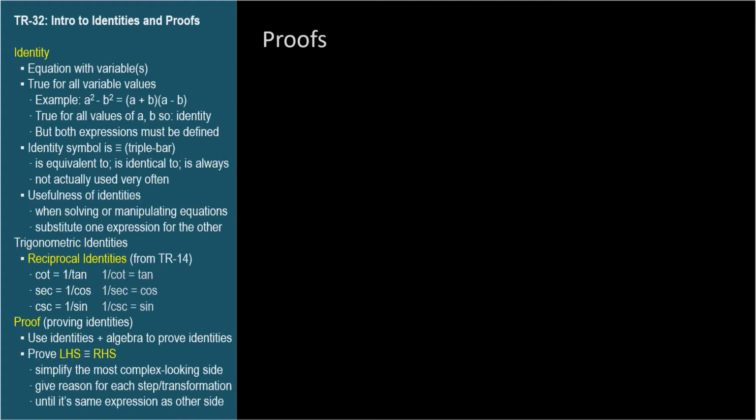For example, you may be asked to prove that cosecant theta times sine theta equals 1. Where to start? This kind of problem is going to be so common in your class, let's spend a minute discussing how to format your response. The left-hand side of the equation is called the left-hand side, or LHS. The right-hand side is RHS.